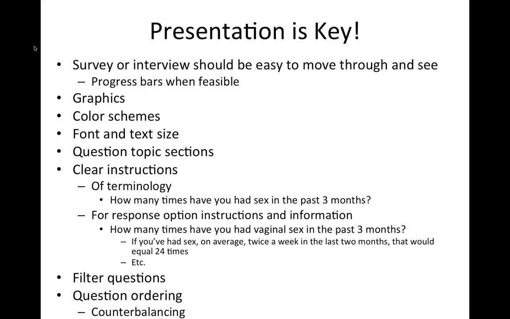And one of the thoughts on that is any effects that we see from ordering of questions will then be washed out. So we can try and minimize those effects in some way so we don't have a systematic bias.